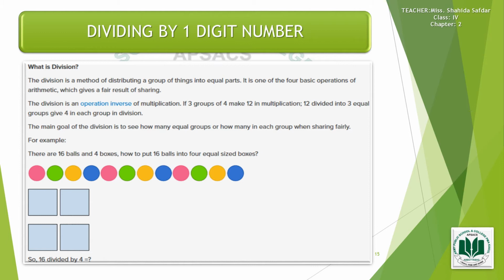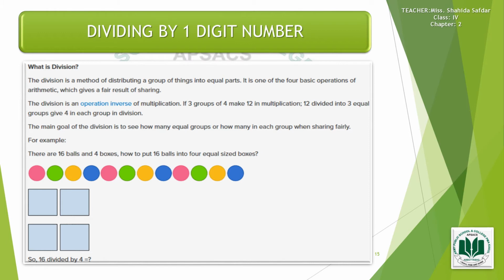Students, what is division? Division is a method of distributing a group of things into equal parts. It is one of the four basic operations of arithmetic, which gives a fair result of sharing.